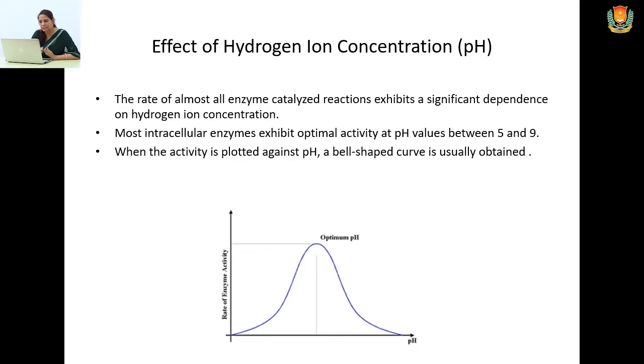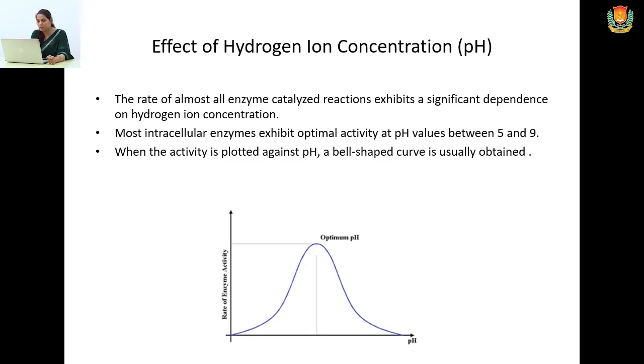In this case, we get a bell-shaped graph for the pH effect. Suppose there is an enzyme that is highly active at pH 7. If you go towards acidic or alkaline, the catalytic activity of the enzyme is equally disrupted, so we get a bell-shaped plot.